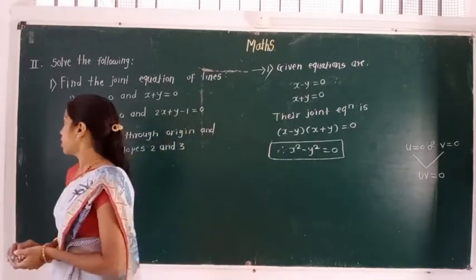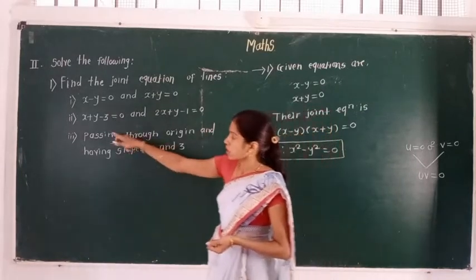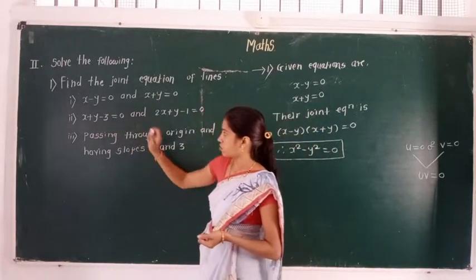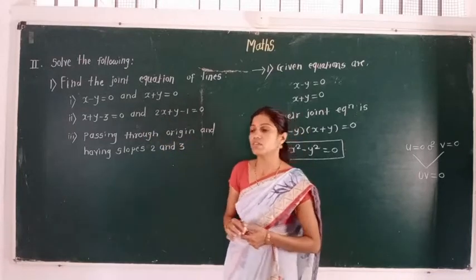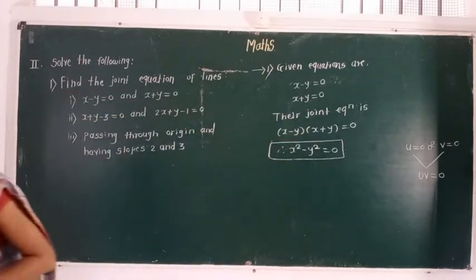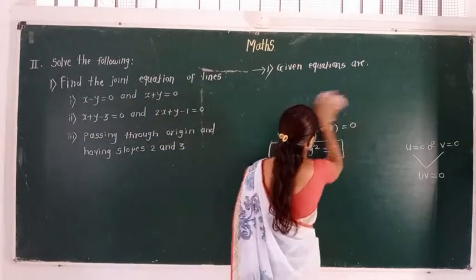Okay, now let's see the second question. x plus y minus 3 is equal to 0 and 2x plus y minus 1 is equal to 0. Now first of all we write the given equations.